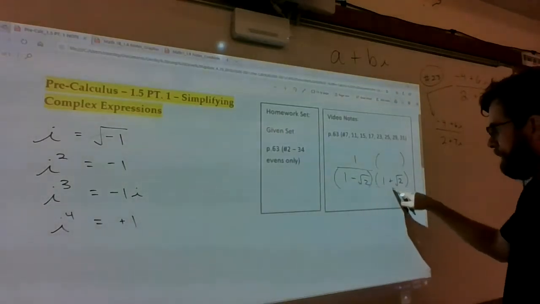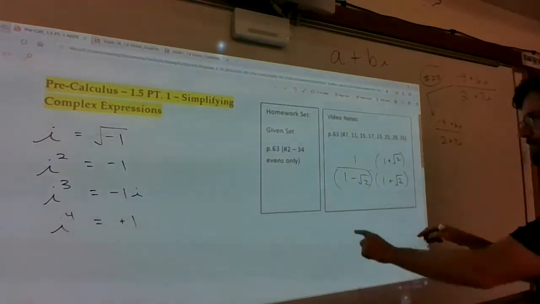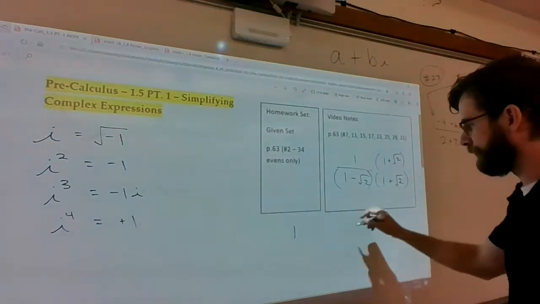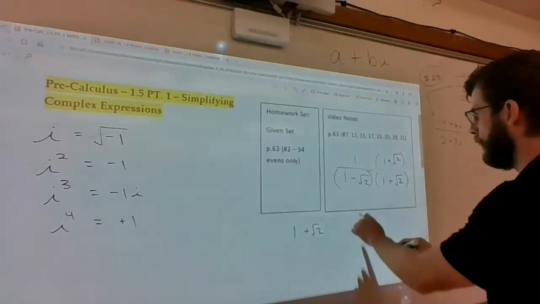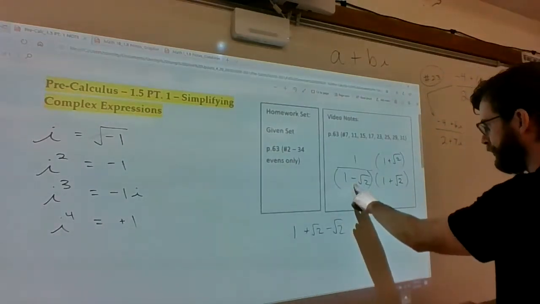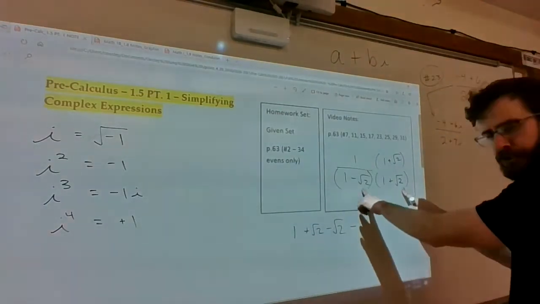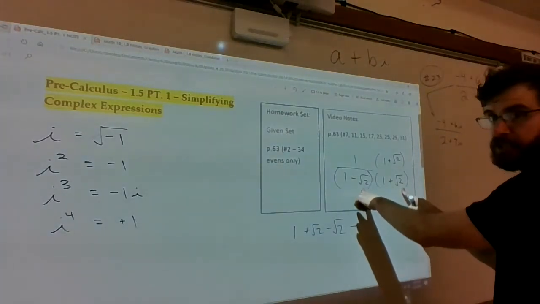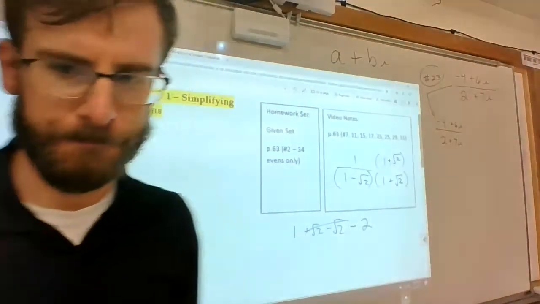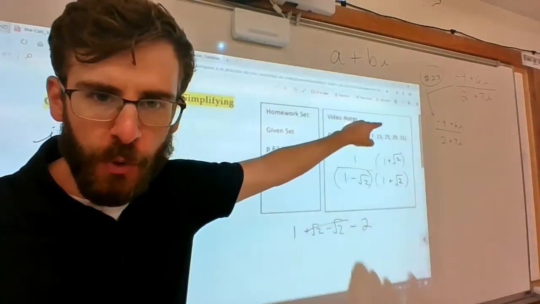Multiplying the bottom, really any term, by the conjugate creates this. 1 times 1, 1 times positive root 2, negative root 2 times positive 1, and negative root 2 times positive root 2. That would be negative root 2 times root 2, which is just going to be 2. You make those middle roots cancel, in this case leaving the bottom to be negative 1. That's what we want to do over there.